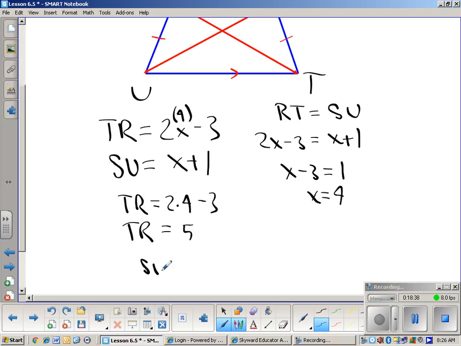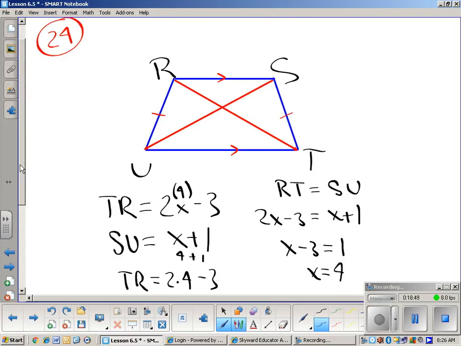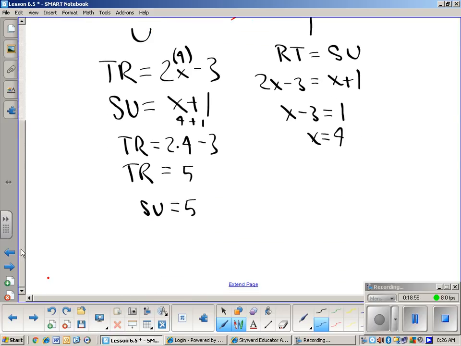What's SU going to be? 5 also. 4 plus 1 is 5. And that confirms what we said, they need to be equal, right? Yep. Okay. Good. Any questions on that?